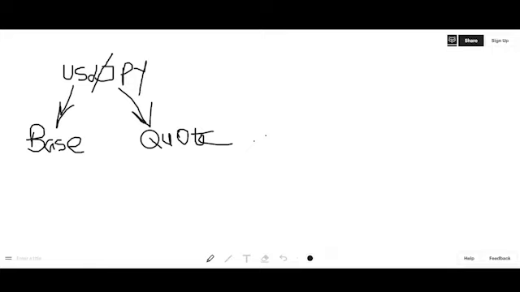Let me give an example that is not related to it, just for you to have an idea. You have the money, but you need a bank where you will deposit your money.